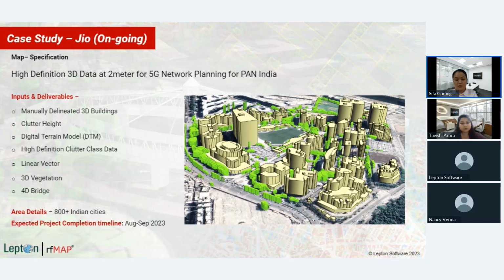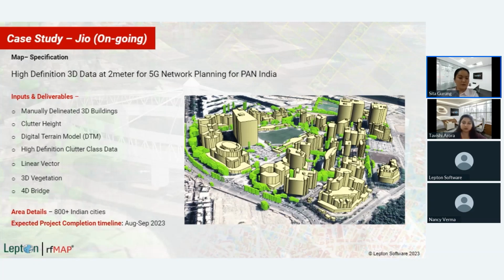We can proudly state that we are the selected vendor for their 5G network deployment, and we are responsible to supply 3D as well as 2D data sets for it. This is an ongoing project. We haven't completed it yet. We have a target till September this year to complete this project.